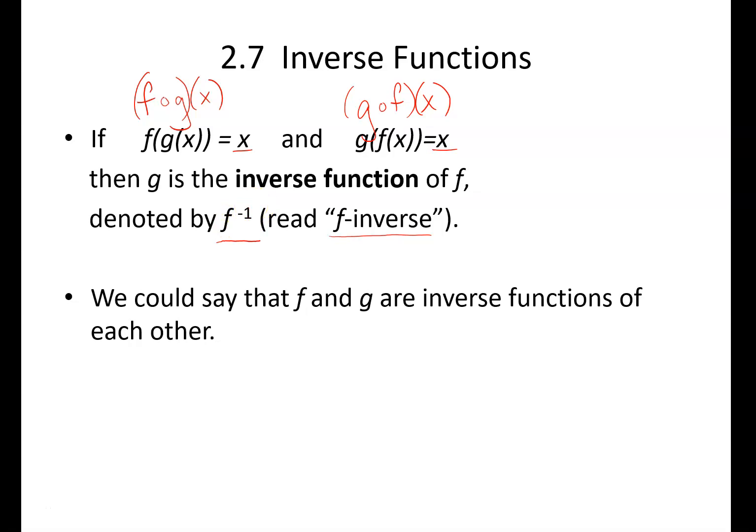You actually wouldn't read it as an exponent. When you read it, you would say f inverse. It does not mean f to the -1 power. If they both turn out to be x, we can say that f and g are inverse functions of each other.